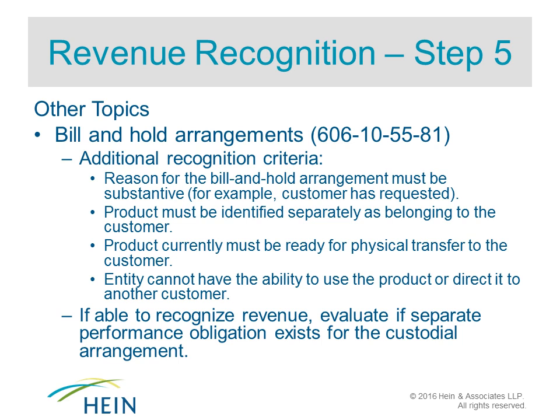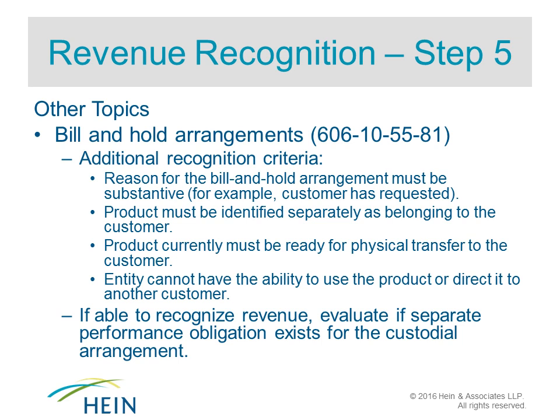So the reason for the bill and hold arrangement must be substantive. The example would be the customer has requested us to store the product for them. The product must be identified separately as belonging to the customer, for example, segregating that in the warehouse so that it's not part of the common inventory that can be pulled for shipment.